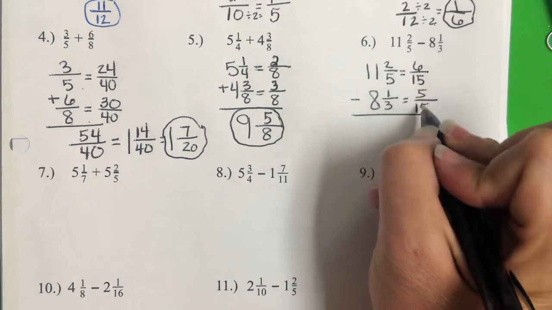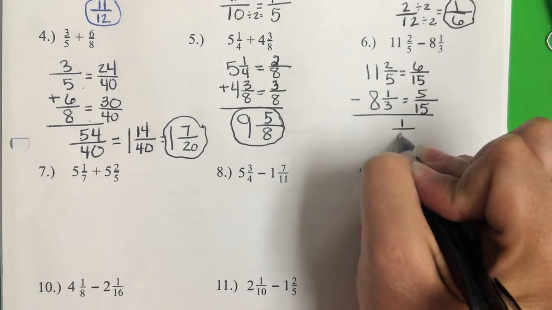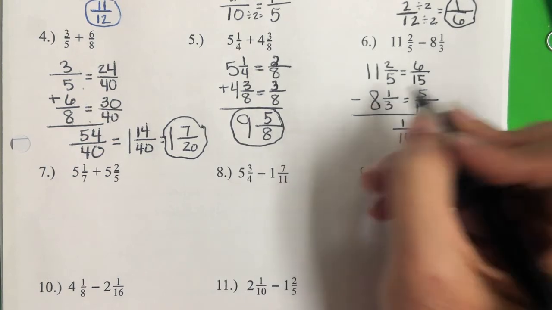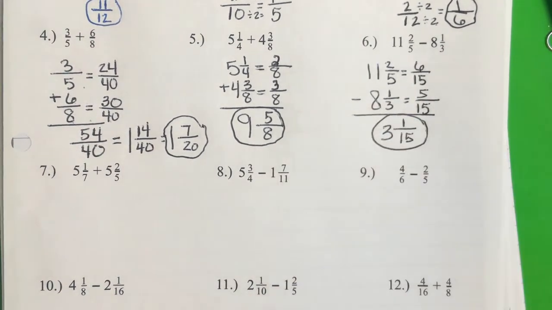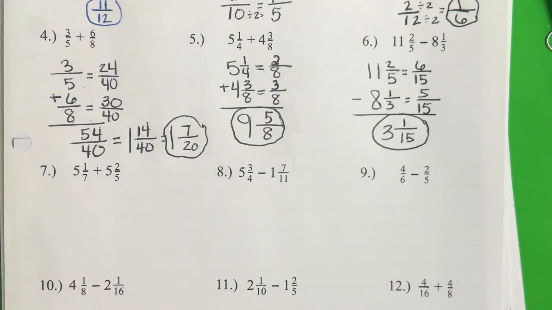I get a 5. Nope, this one's easy. 1/15. 11 minus 8. And I get 3 and 1/15. Honestly, it's just multiplication tables and fact fluency is the best way I can say it.